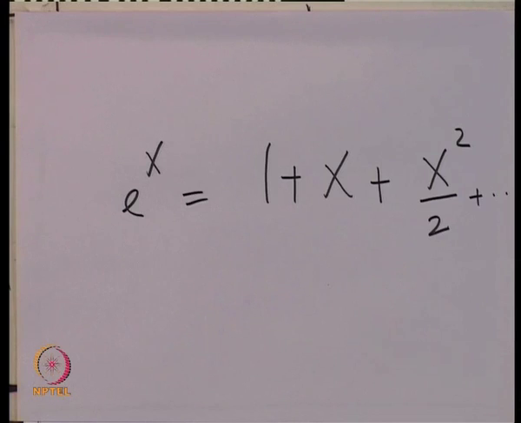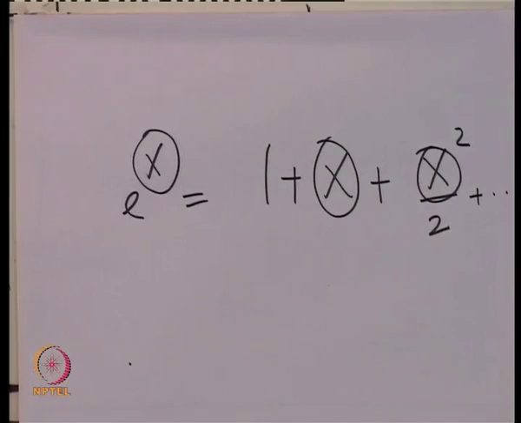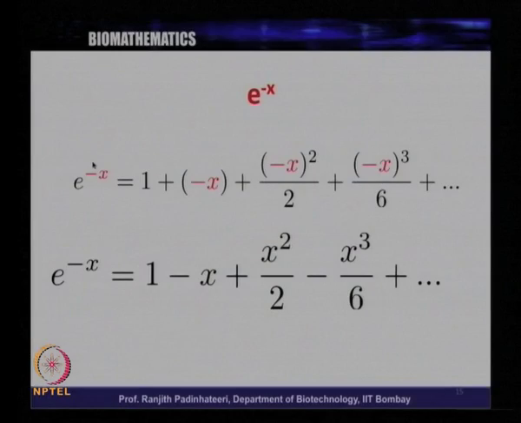So, let us have a look at it. This function e power minus x is essentially the exponential function itself, but wherever there is x, put minus x there. So, what is shown here in red is that wherever there was x, I put minus x there: 1 plus minus x plus minus x whole square plus minus x whole cube and so on and so forth.